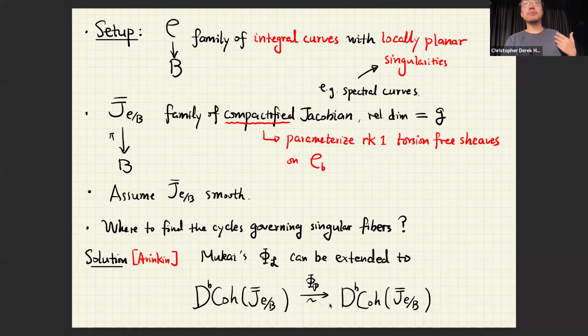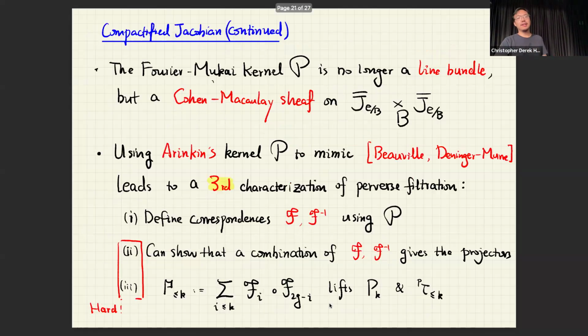Arinkin's original purpose was to understand the classical limit of the geometric Langlands via the Donagi-Pantev proposal, for which he needs to construct this extension of the Poincaré line bundle to a new kernel, which is no longer a line bundle but a Cohen-Macaulay sheaf.